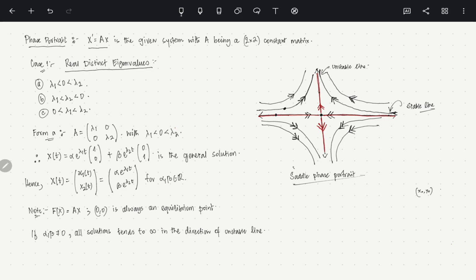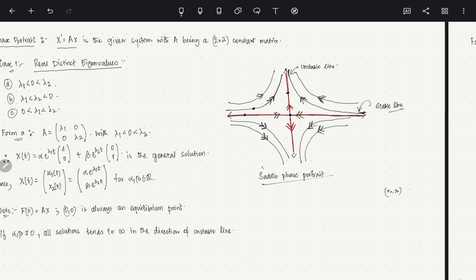If you are starting from a point here, that will be thrown away from the origin, you understand? So this is the evolution, the flow. We want to look at the flow of a particle. If you put a particle anywhere here, all of these points are moving. We want to see the behavior of the particle, how it is evolving with time. So that is what a phase portrait does.